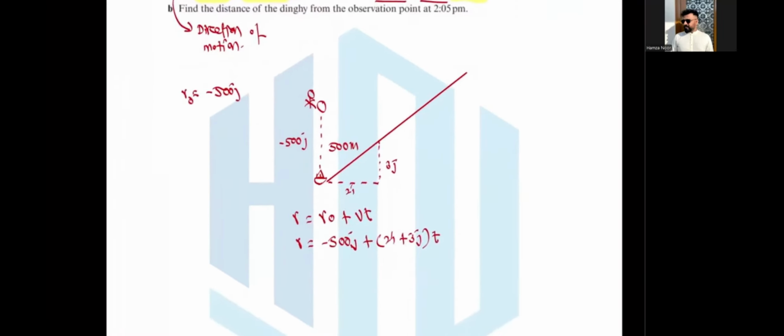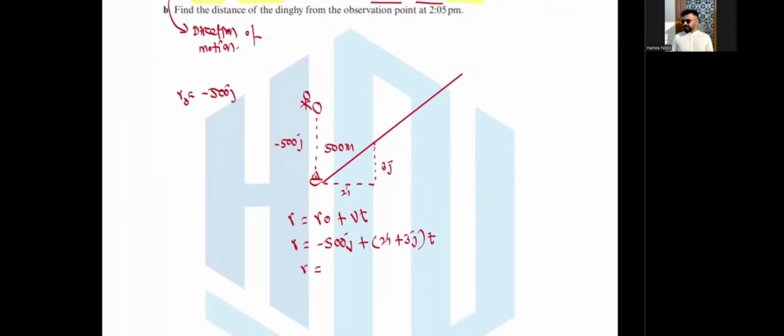Therefore the i component is 2ti. So r is equal to 2ti and then 3tj minus 500j. So the j component is 3t minus 500. So r is equal to 2ti plus (3t minus 500) multiplied by j.